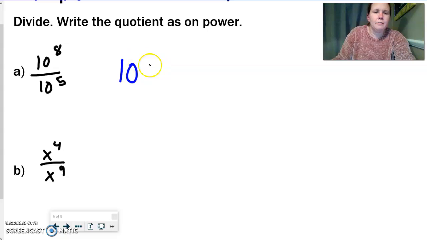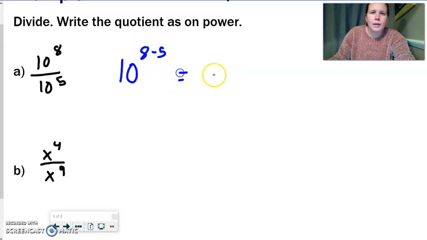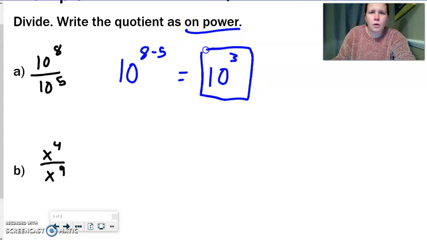I have an 8 and a 5, so I take 8 minus 5. So then my final solution would be 10 to the power of 3. And you keep it in the power form. So I do not want to know actually what 10 to the 3rd is. I just want it in this exponential form.